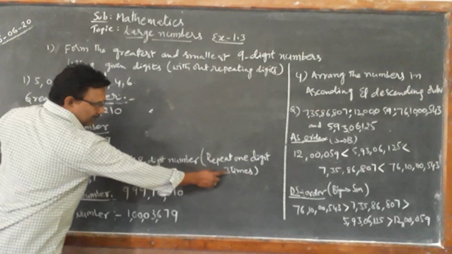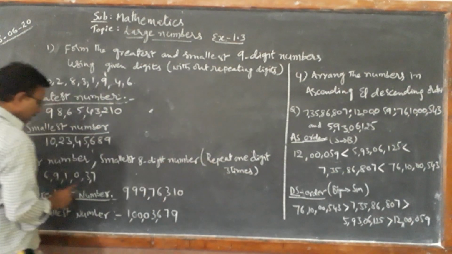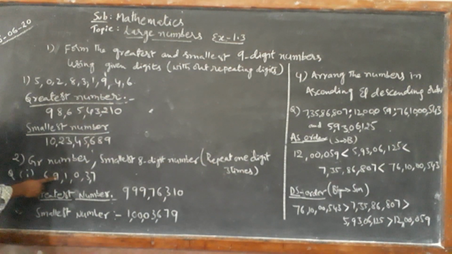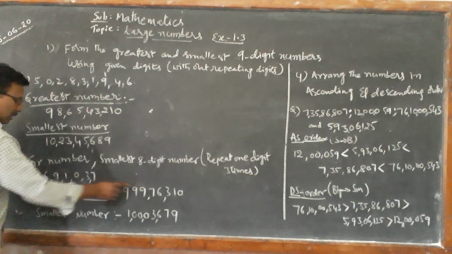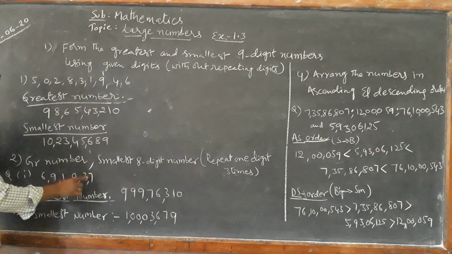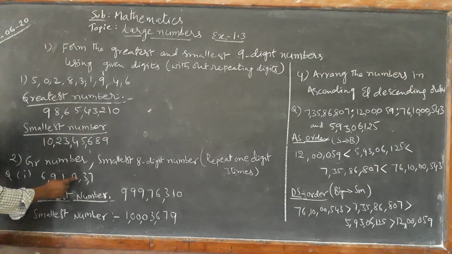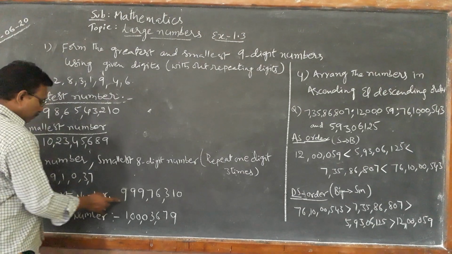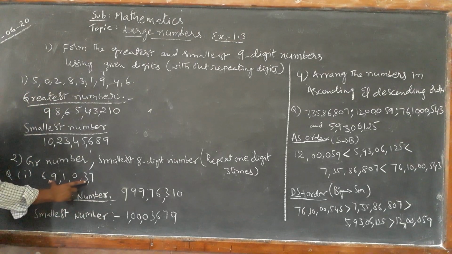As per the given condition, the largest digit is 9. The biggest digit 9 can repeat 3 times, and the remaining all in descending order: 7, 6, 3, 1, 0. This is the greatest number formed by using these digits.